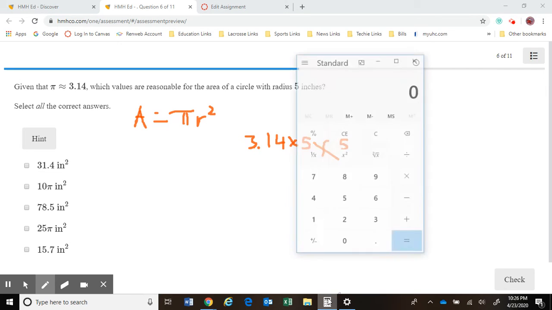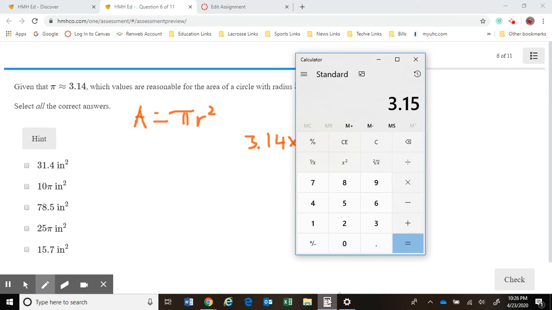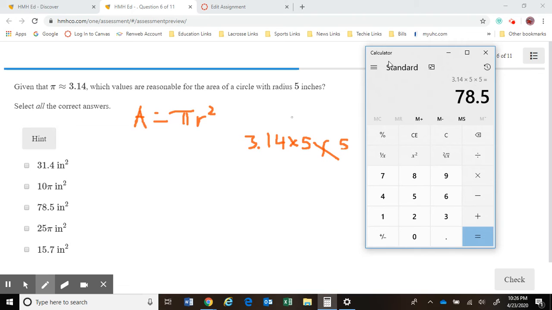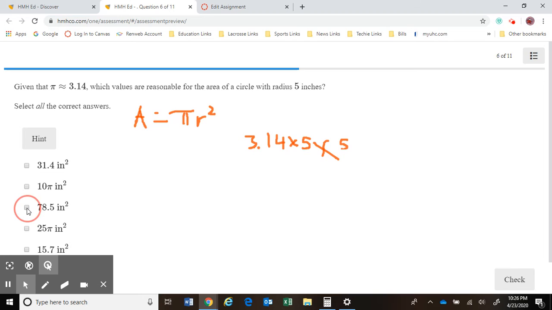Bringing up my calculator: 3.14 times 5 times 5. And what do I get? 78.5. That's one of my answers.